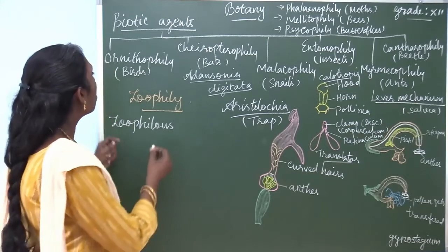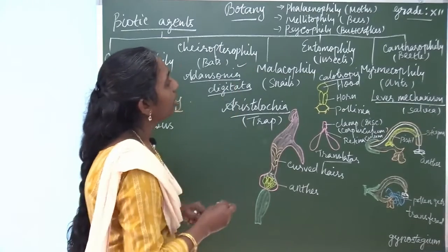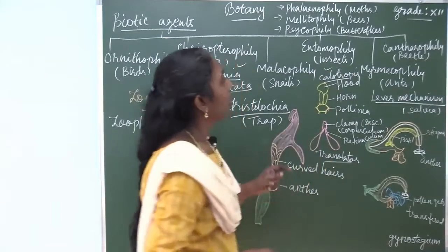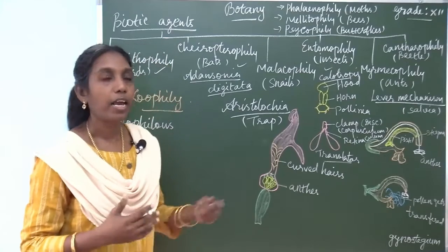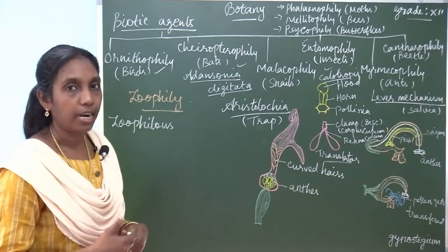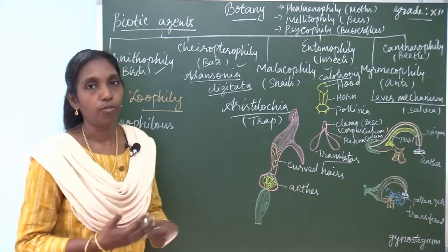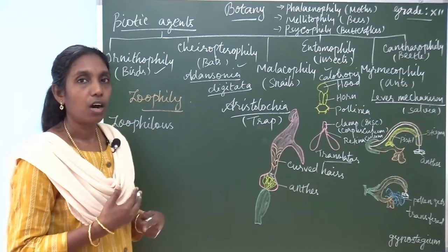We are going to discuss a few in detail, for example ornithophily, chiropterophily and entomophily, and a few mechanisms of how they bring about pollination and how the flowers are adapted. Let's see one by one. First one is ornithophily. What is the definition of ornithophily?